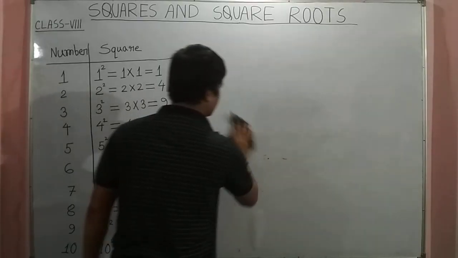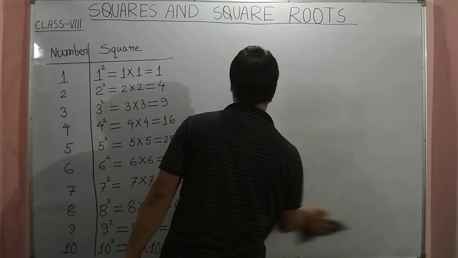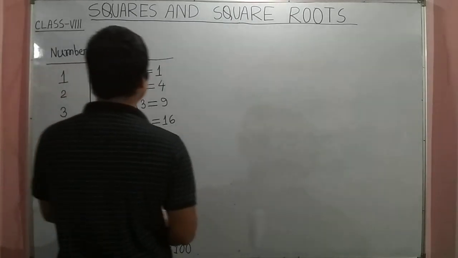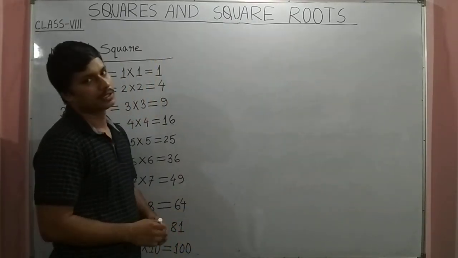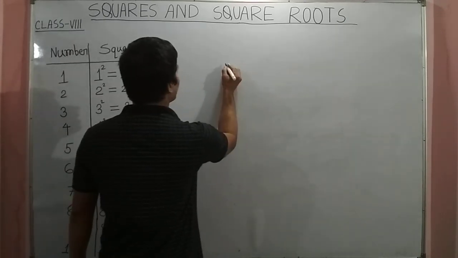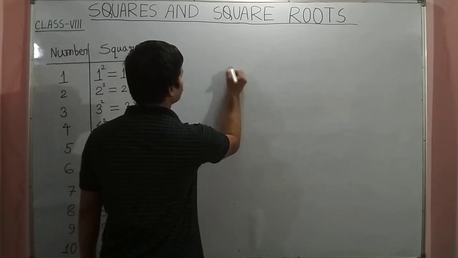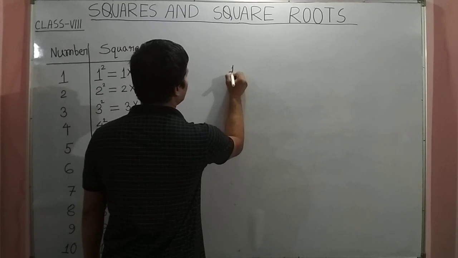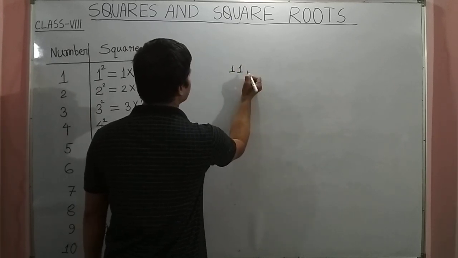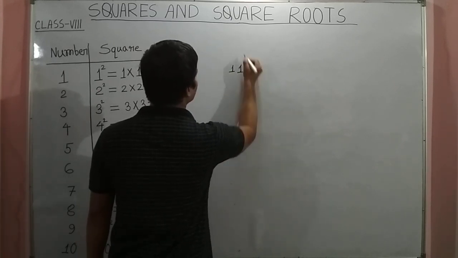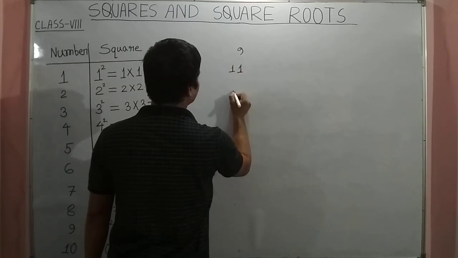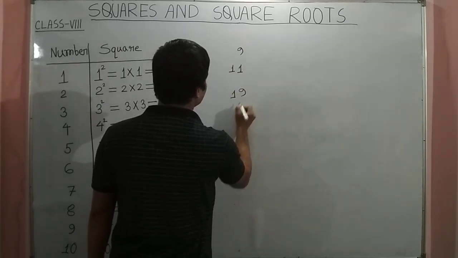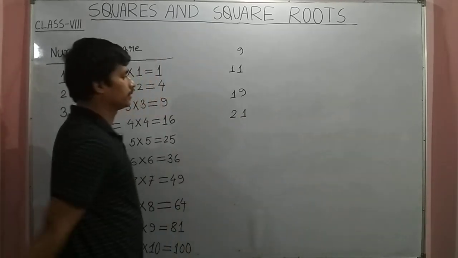Again we will discuss. I will take some numbers whose unit place is 1 or 9. I will take 9, 11, 19, 21.